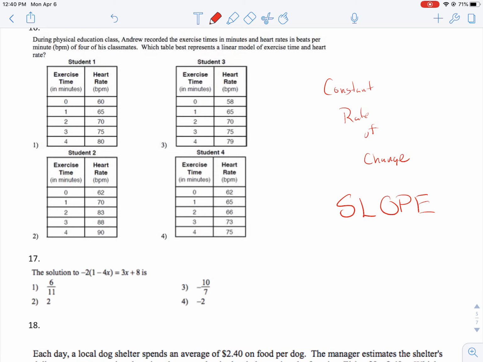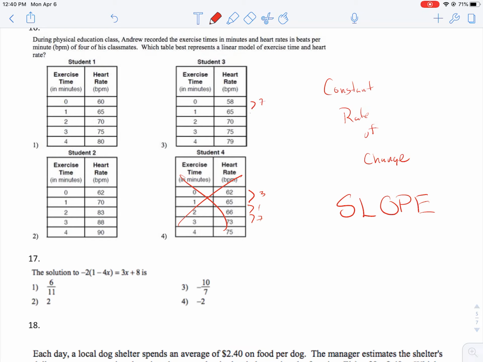In all of these cases, our x values are increasing by 1, so the left side is good. For all 4 problems, we just have to look at the right side and see which one is increasing by the same amount each time.